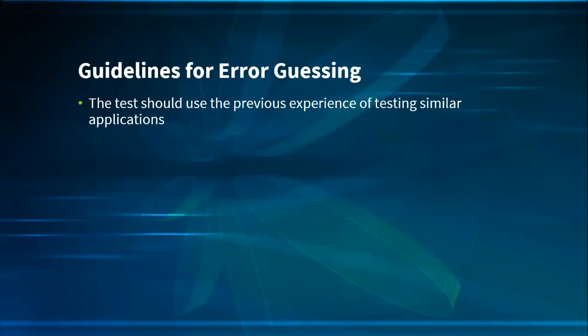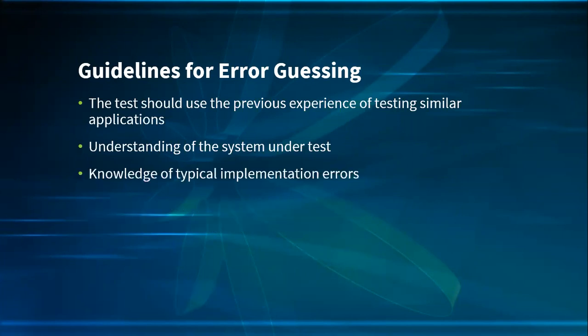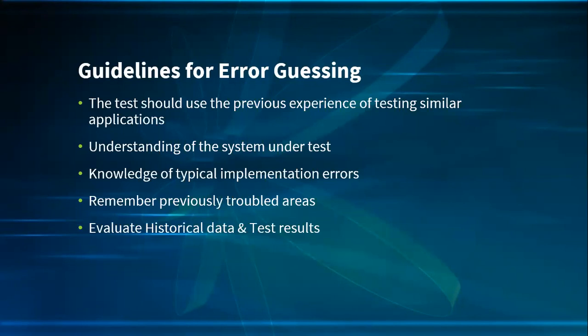So, the guidelines of error guessing: the tester should use previous experience of testing similar applications, understand the system under test, have knowledge of typical implementation errors, remember previous troubled areas, and evaluate historical data and test results. These are guidelines that you can use when you're doing error guessing.